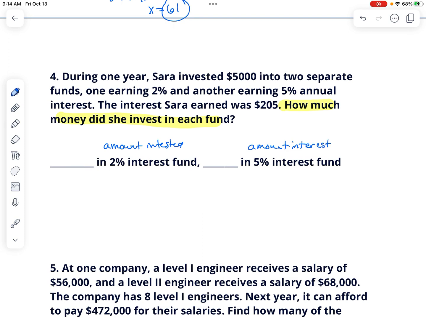So when we're describing this, we're talking about these quantities. We're not just saying 2%, 5%, that doesn't describe them enough. So if we look at how much was invested in the 2% and how much was invested in the 5%, that should total up to 5,000. So we're just going to take x plus y equals 5,000.